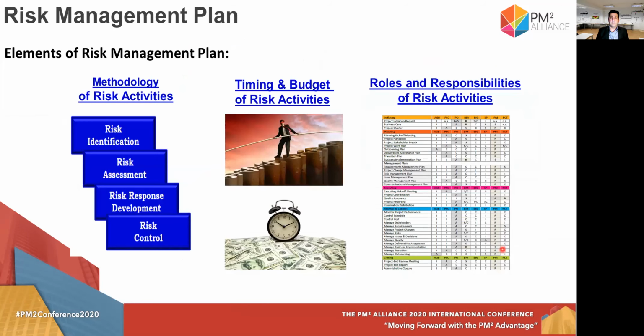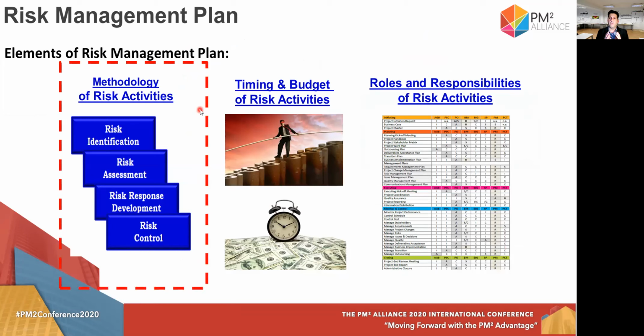So let's check a little bit of the elements of this risk management plan. The first paragraph is methodology, the methodology of risk activities. In that paragraph, you have to describe in which sequence the risk activities take place in all the processes of risk management. What kind of tools and techniques you will use, which will be first, which will be last.